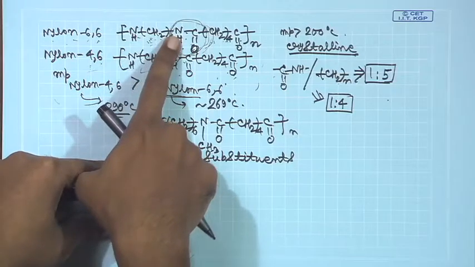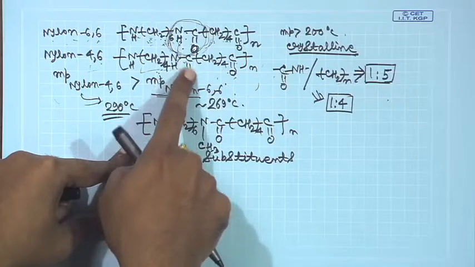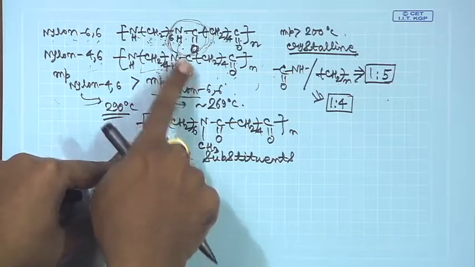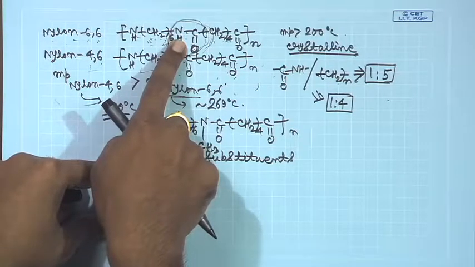So, this group is the hydrogen bond donor, and this is your hydrogen bond acceptor, the carbonyl oxygen. If this hydrogen is replaced, then you are actually stopping the hydrogen bonding from occurring.